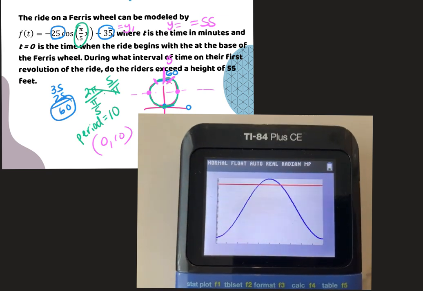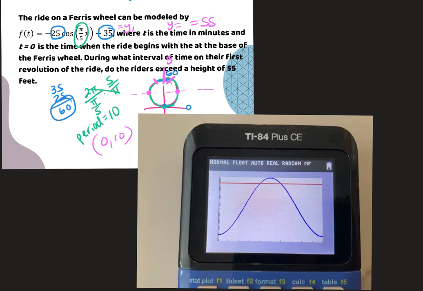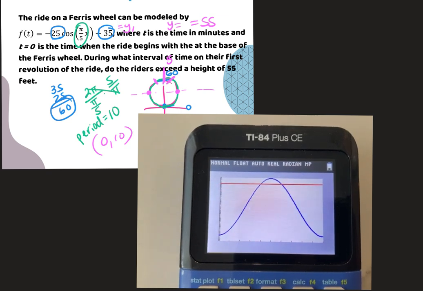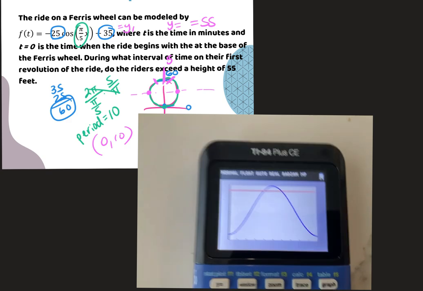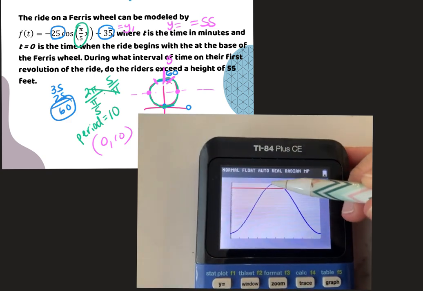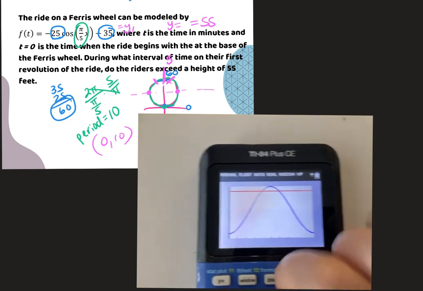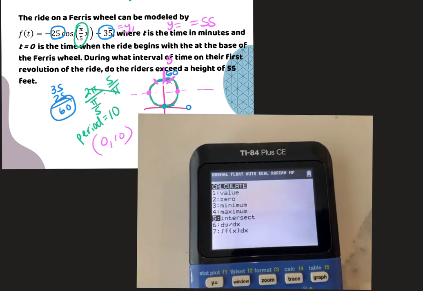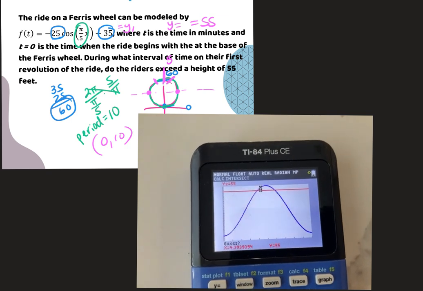Okay, so now I want to see, on the first revolution of the ride, on what interval of time do the riders exceed a height of 55? So I'm looking for that little part right here where it goes over the y equals 55 line. So second, trace, intersect. I'm going to go to the left, close enough, enter, enter, enter.